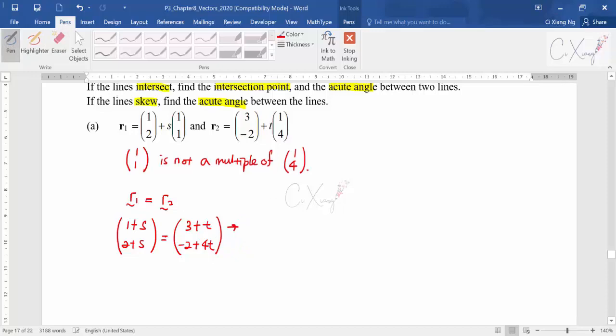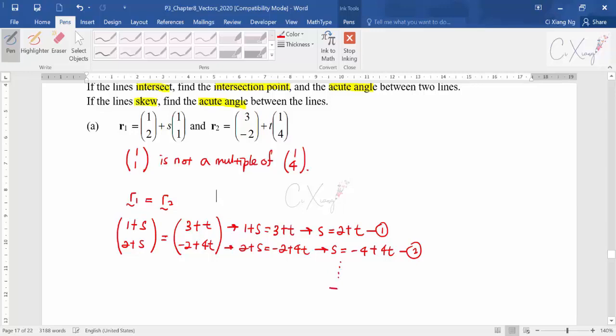From here you can see that you are having 1 plus S, which is equal to 3 plus T, and therefore S is equal to 2 plus T. This is your first equation. Then for this part, you are having 2 plus S equal to -2 plus 4T. So if you continue further, you have S equal to -4 plus 4T. So this is your second equation. No matter how, you just try to solve the simultaneous equations.